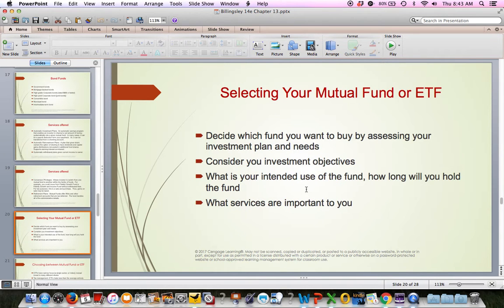So just selecting your mutual funds, that's the challenging part. My advice to everybody is ask somebody. Don't just do it on your own unless you feel like you've done the research and feel confident in that. But if you have any hesitation whatsoever, talk to people you trust and you know.